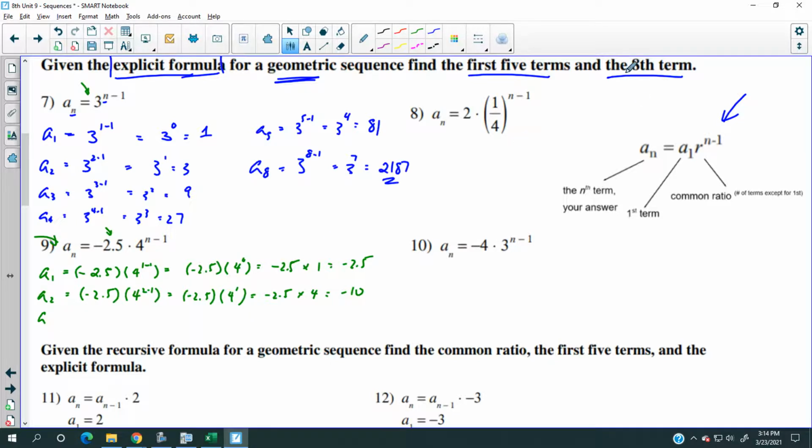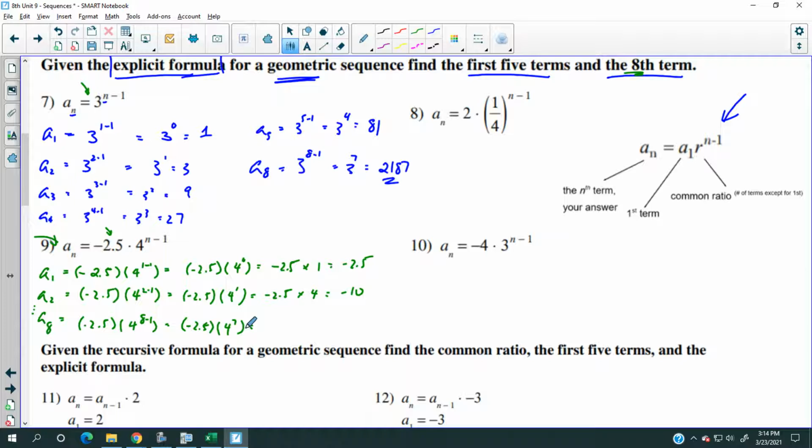But that said, let's try the 8th term. So on and so forth. I'll put the 3 dots here. Negative 2.5, and then 4, and then 8 minus 1. So that's negative 2.5 times 4 to the 7th power. Let's see, what's 4 to the 7th power? It's going to be a gigantic number.